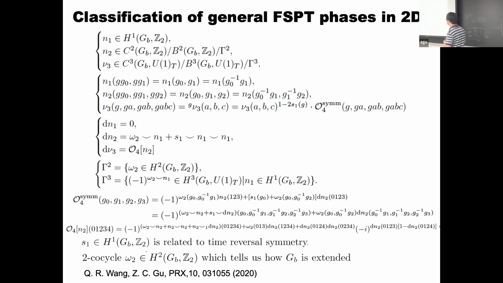So there's a unique one you can choose. Also this S1 should be handled carefully. Sometimes if we think about a mirror reflection and time reversal, this S1 should be non-trivial. So we have this S1 from H1(G_b). We specify the whole action of the symmetry on this page. The omega-2 and S1 are determined by the symmetry, and once you input this, you can do the calculation.